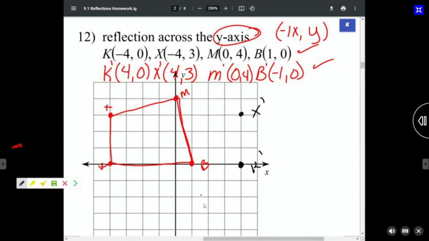M prime ended up being the same point. B goes right, so B prime has to go left. 1 stays the same, 1 is the opposite. Got that little triangle right in here?